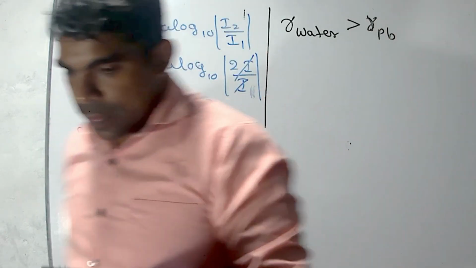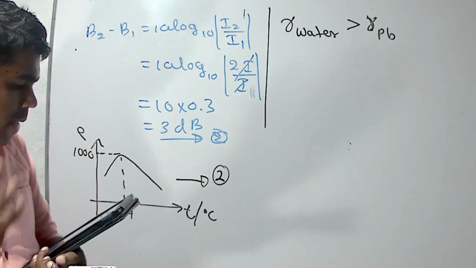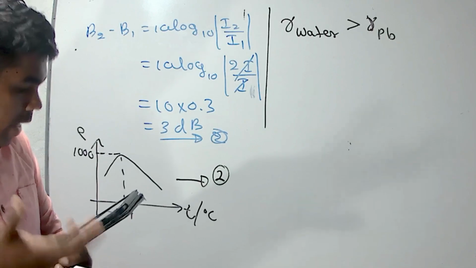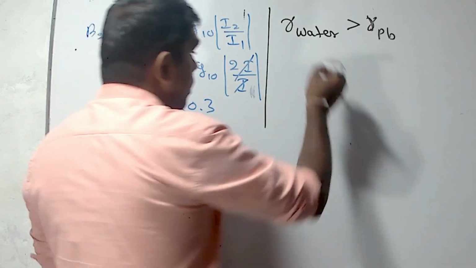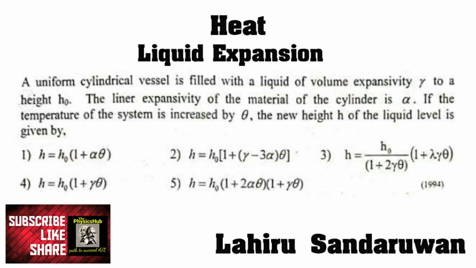Now, the maximum volume of liquid is in beaker A. Therefore, we can obtain the maximum increase of volume for beaker A. Then the answer is 1.